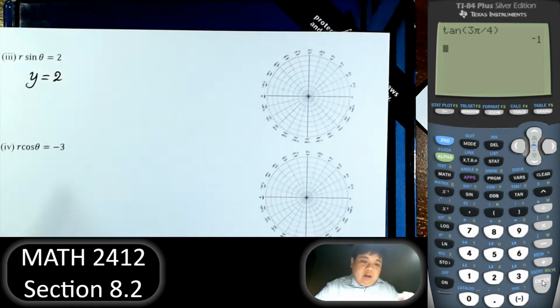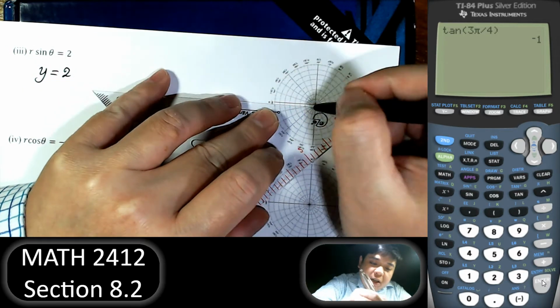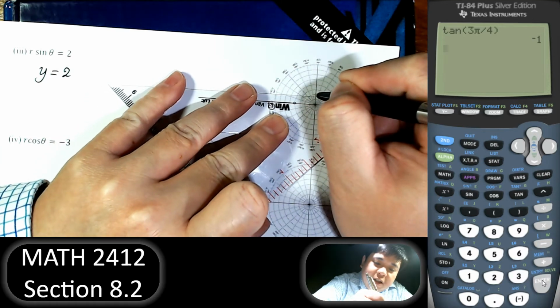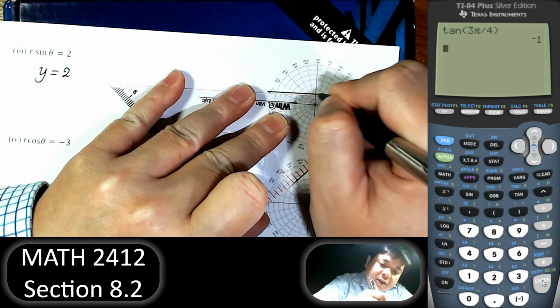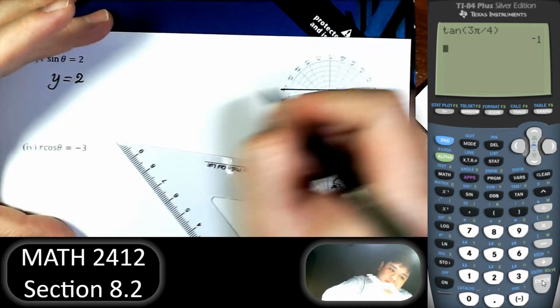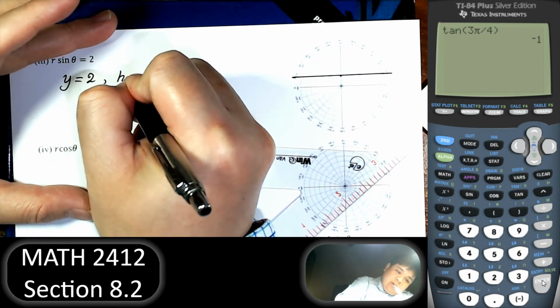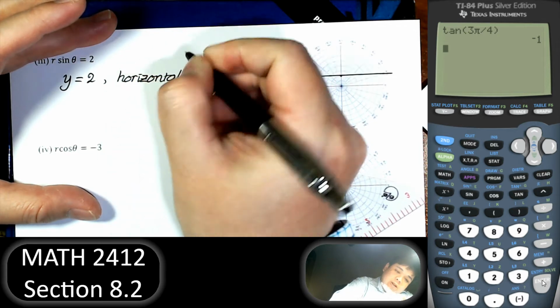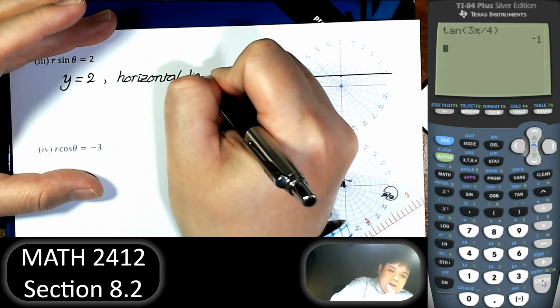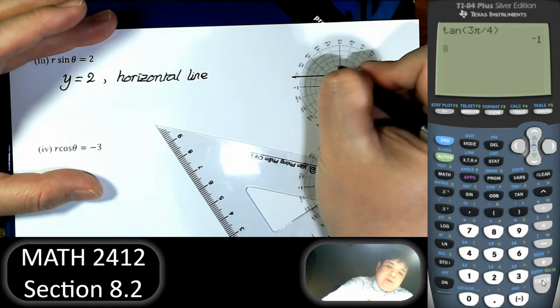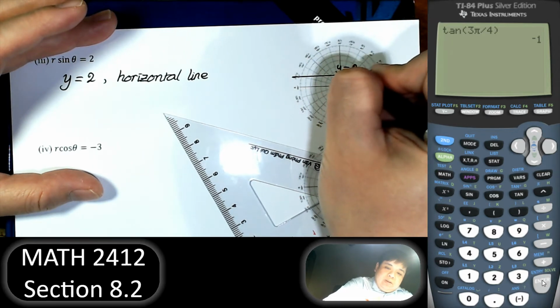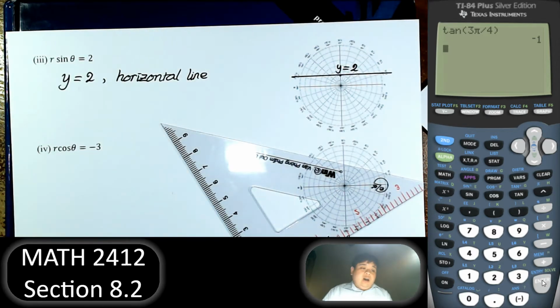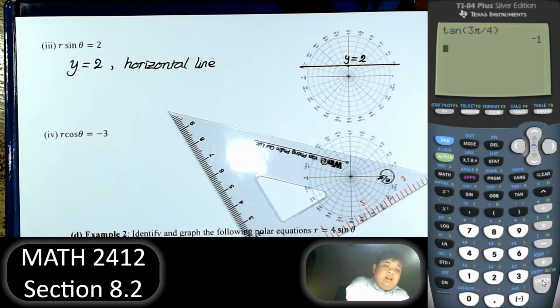And if we draw the line y equal to 2, it is a horizontal line at y equal to 2. Similarly, r cosine theta is going to be x.